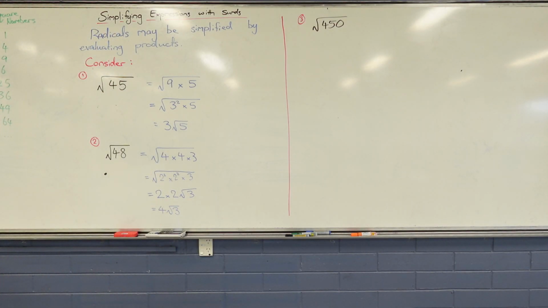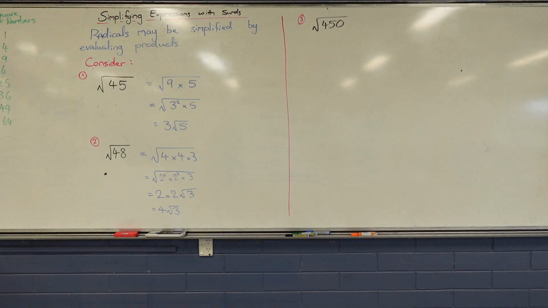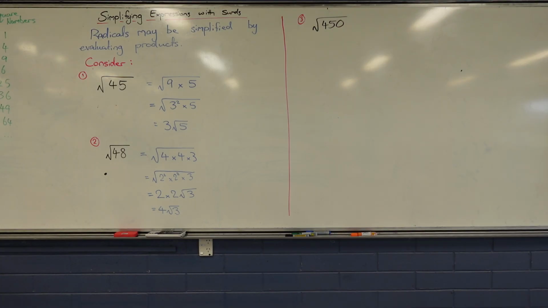Big number. Square root of 450. How could we write this in its simplest form? Ask yourself, what square numbers can divide 450 and still get an integer result?